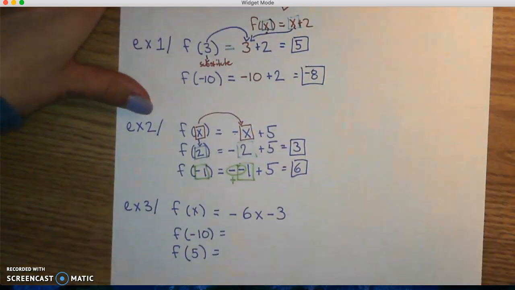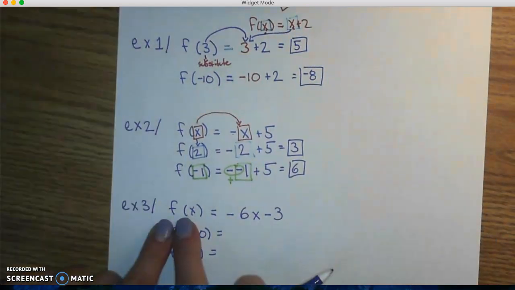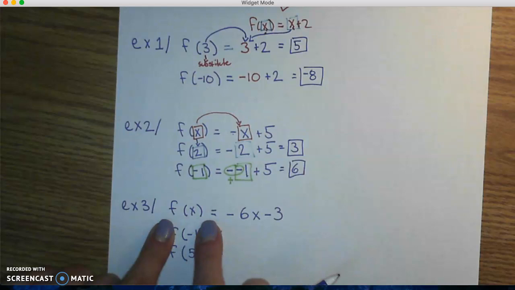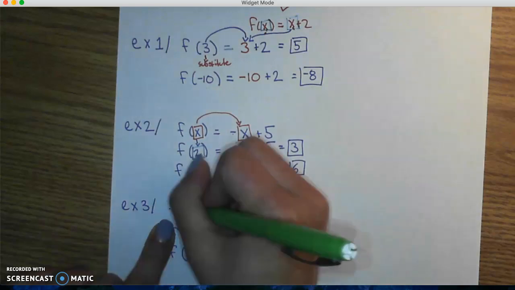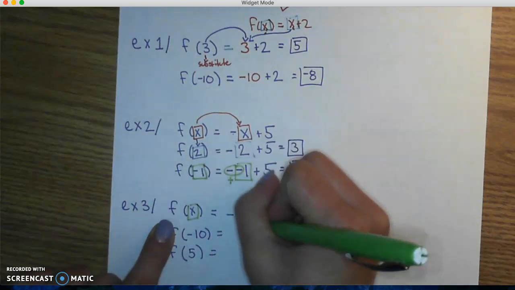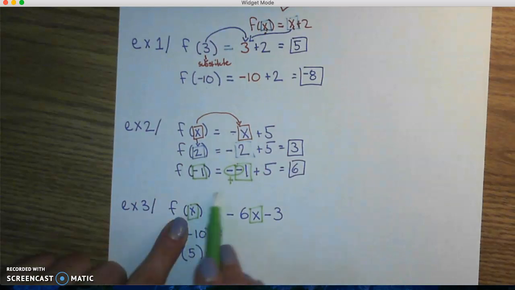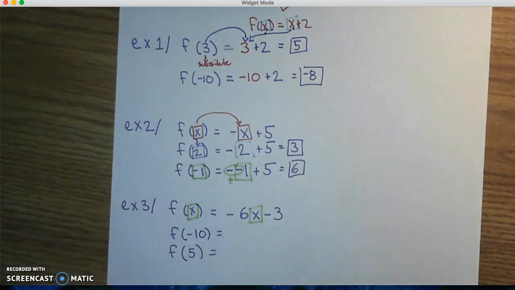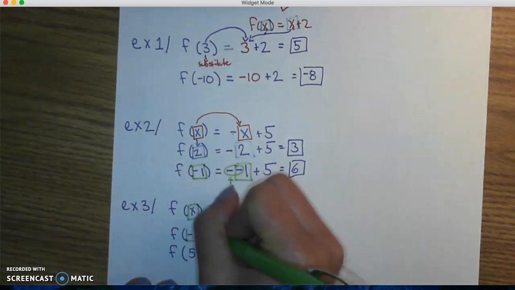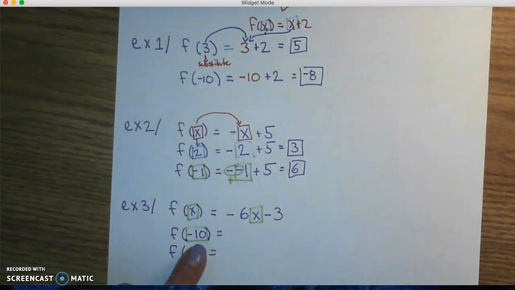Here's our last rule. F of x equals negative 6x minus 3. So, x and x. Whatever I have here, I need to substitute here. All right. It looks like this time I'm going to substitute negative 10.